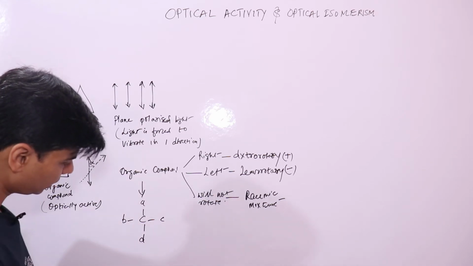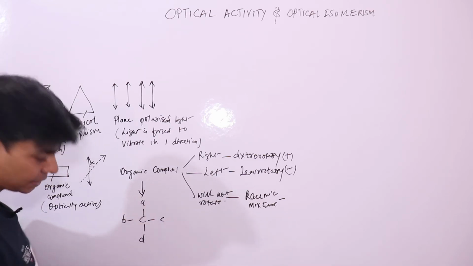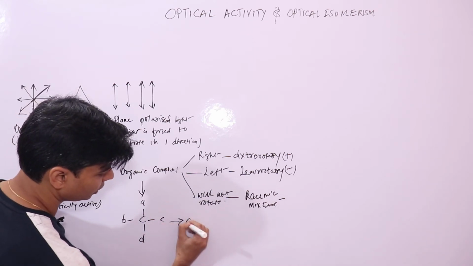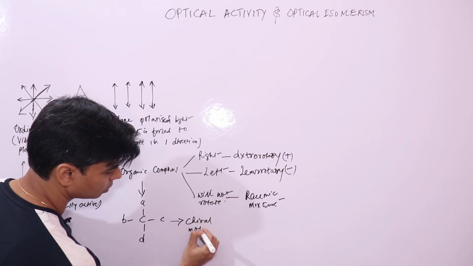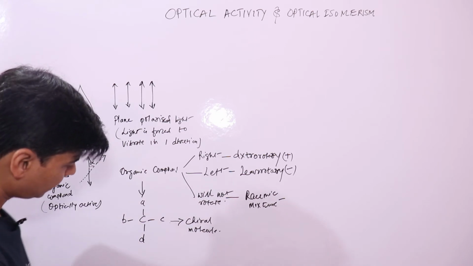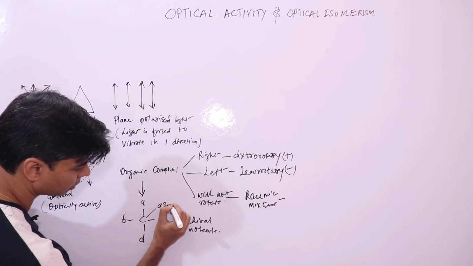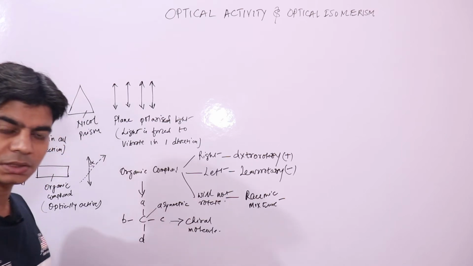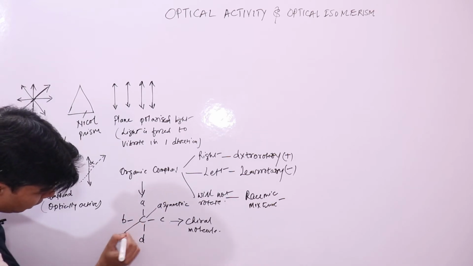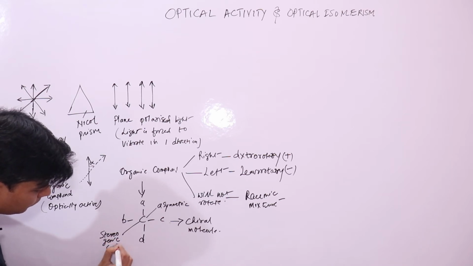And such organic compounds that are connected to four different atoms or groups are known as chiral molecule. We'll understand what is chirality in a moment, right? And this carbon is your asymmetric carbon. Asymmetric carbon means it does not have any element of symmetry, right? We also call this carbon as stereogenic carbon.